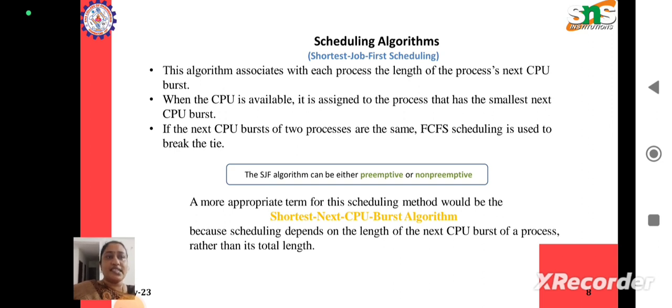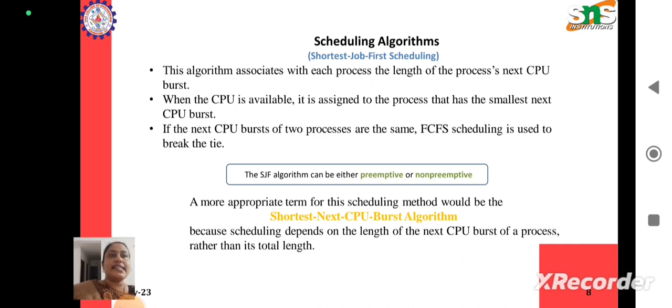So it says here that this algorithm associates with each process the length of the process. Next, when we say shortest job first scheduling, we don't actually mean the entire length of that process or the entire time that the process is going to take, but what we actually mean is the length of the process's next CPU burst.